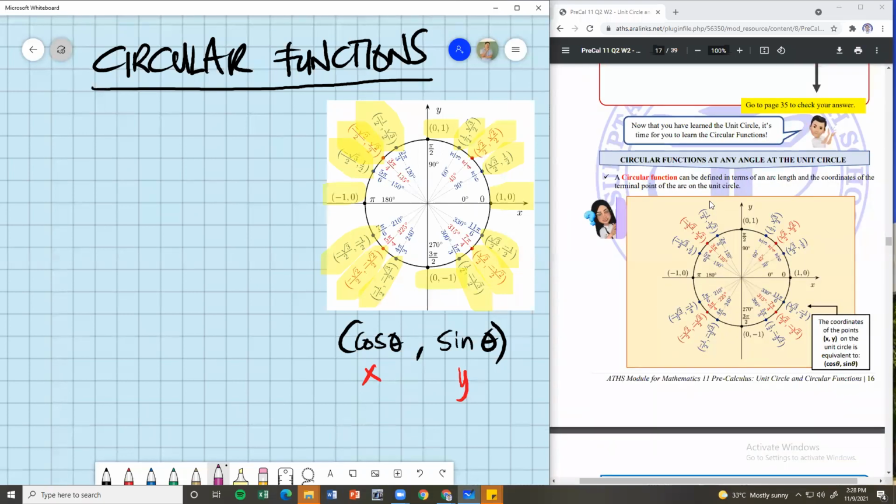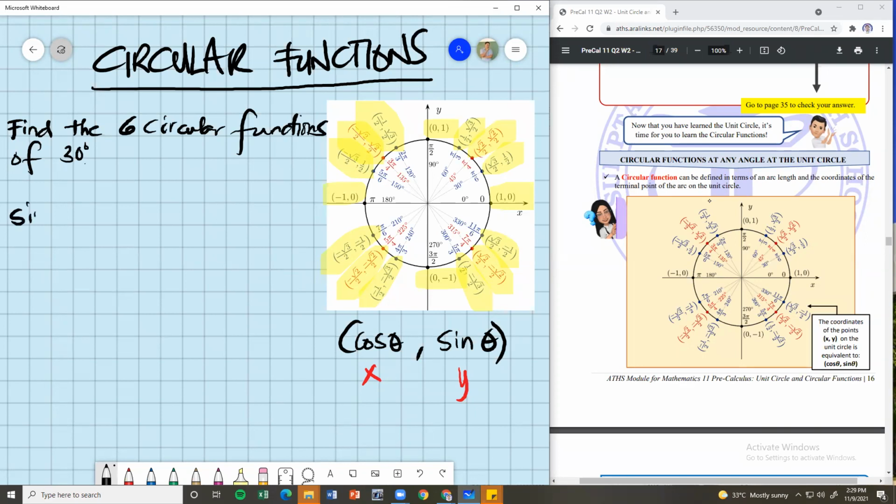Find the 6 circular functions of 30 degrees. Okay? So, paano ba to? Therefore, all we have to do is to get the 6 circular functions.